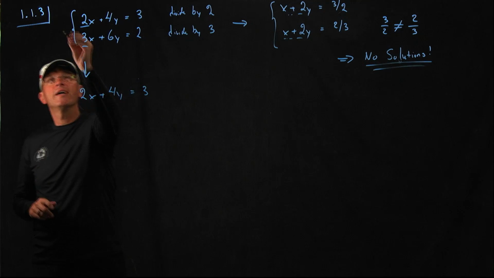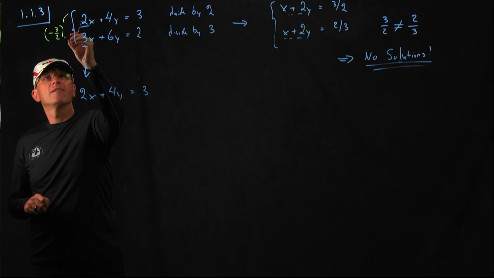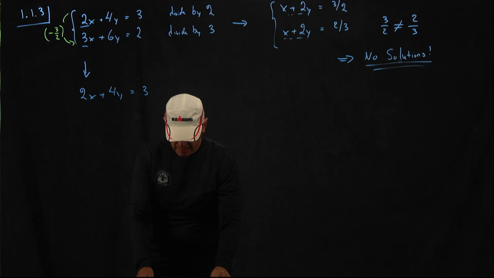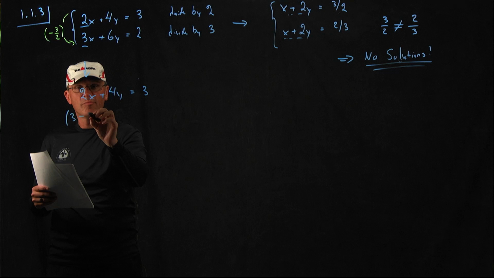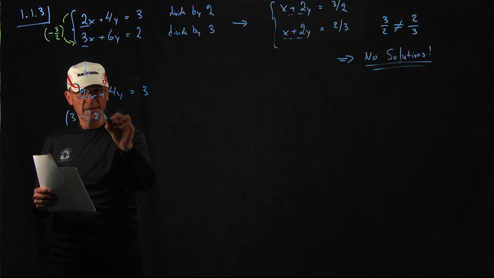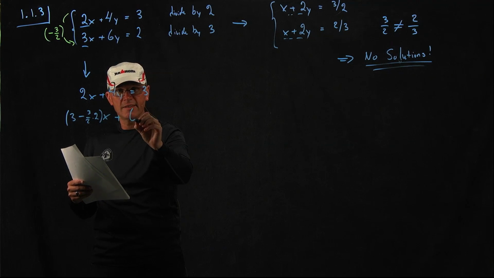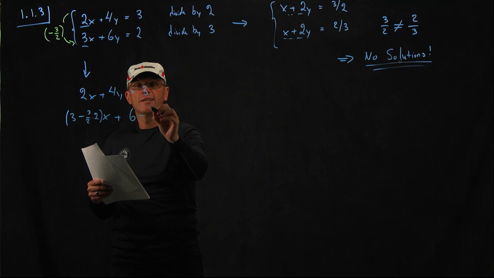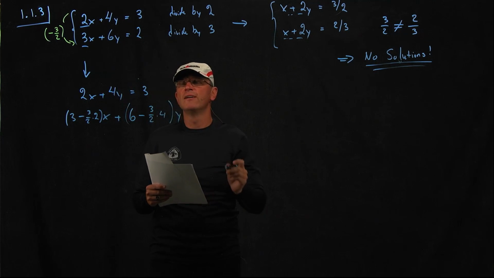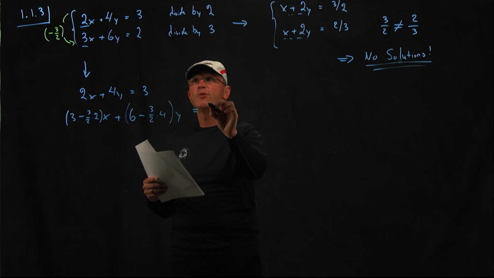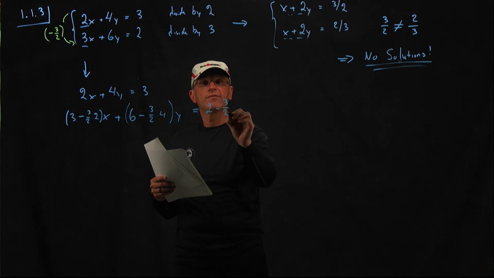So if we multiply by 3/2 and subtract, then we will eliminate the x value. Because then we have 3 minus 3/2 times 2x, and we have the 6, and we're subtracting 3/2 times 4y, and that equals then 2 minus 3/2 times 3.